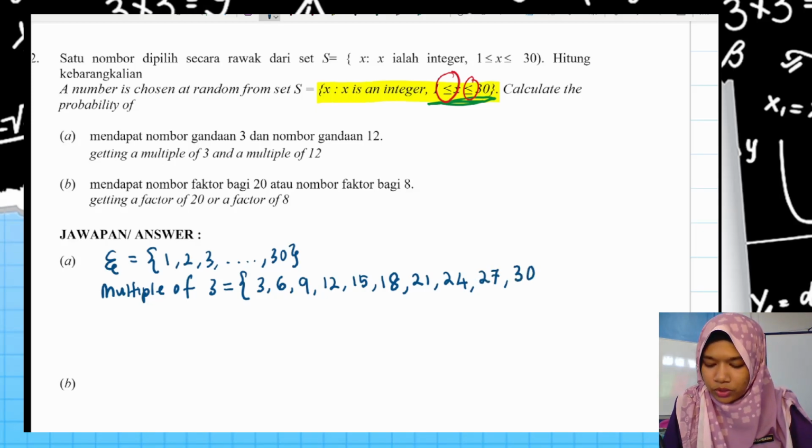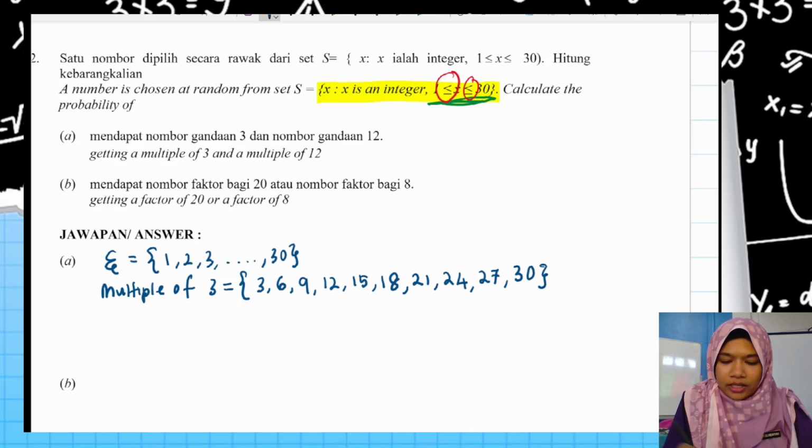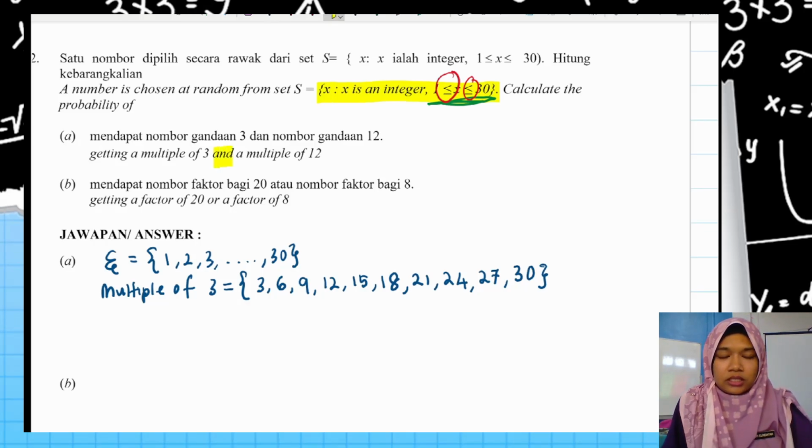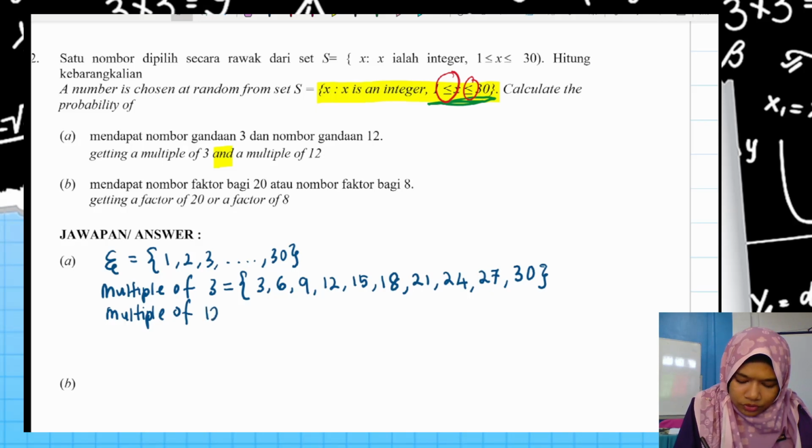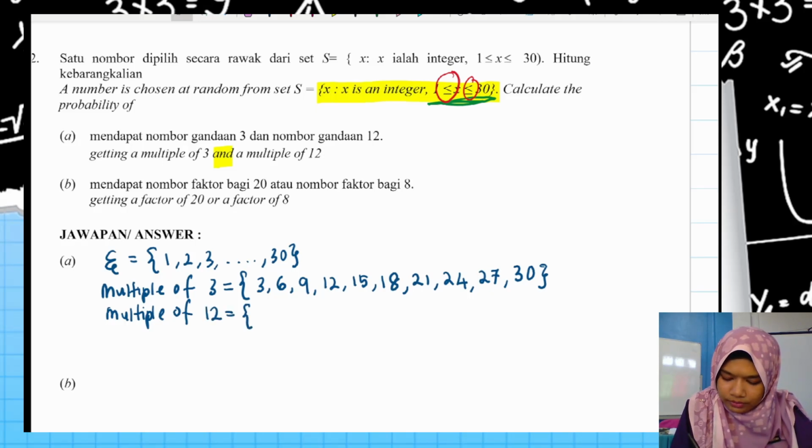Include 30 because the symbol has the equal sign. And multiples of 12. What are the multiples of 12? The multiples of 12 are 12 and 24 only.